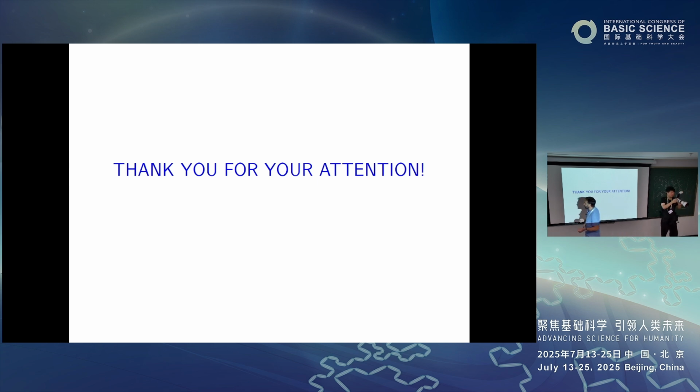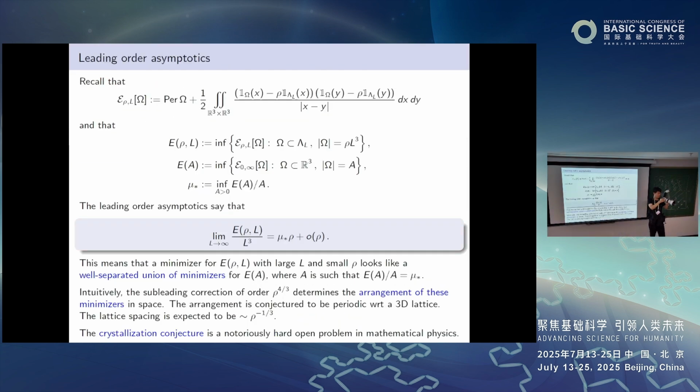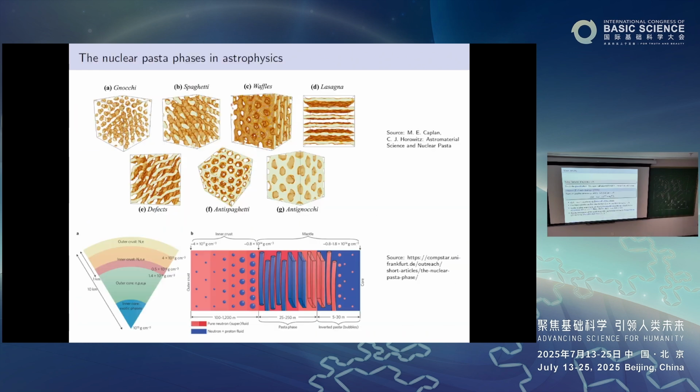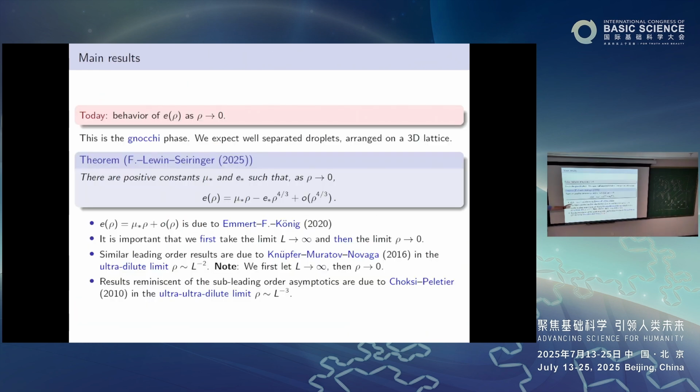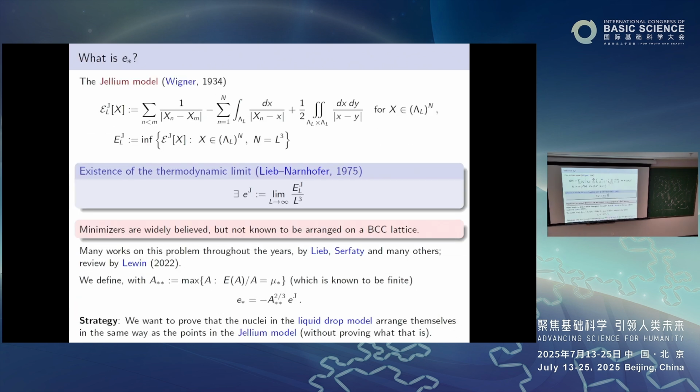So here I wrote a minus in order to make E star positive. And then I put another minus because EJ is negative. Right, exactly.